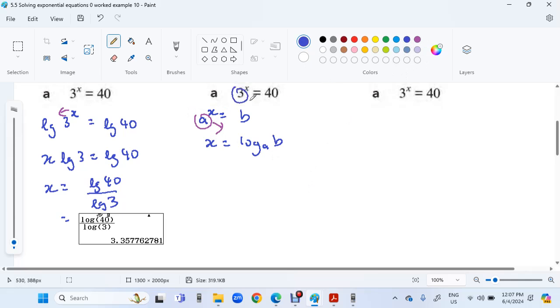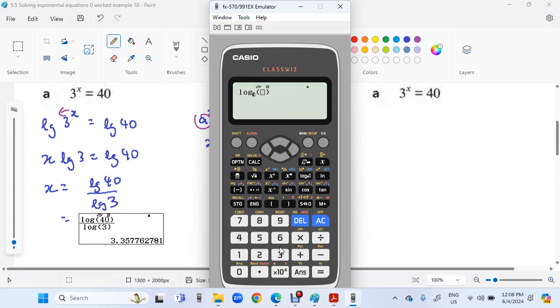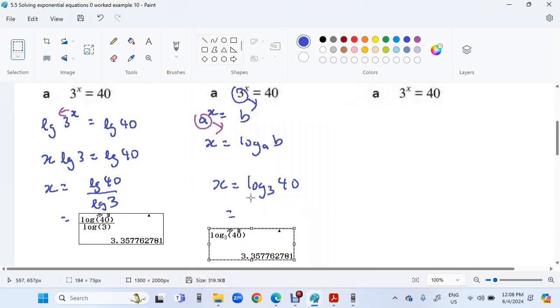So for this case, x will be log base 3 of 40. Then we will get the same answer, 3.358.